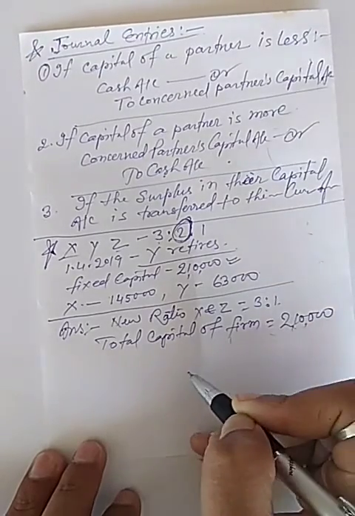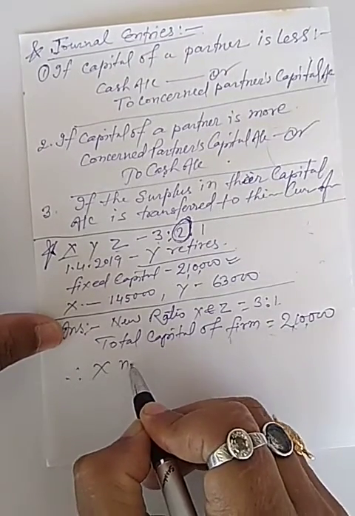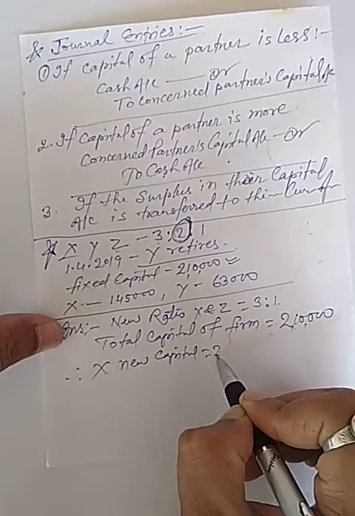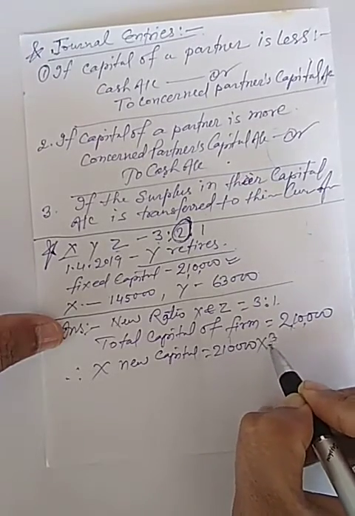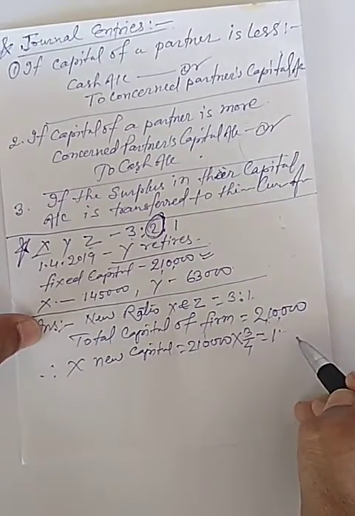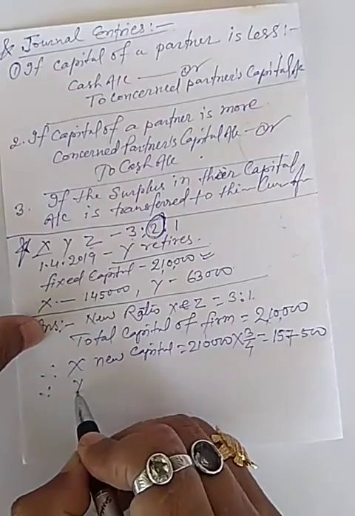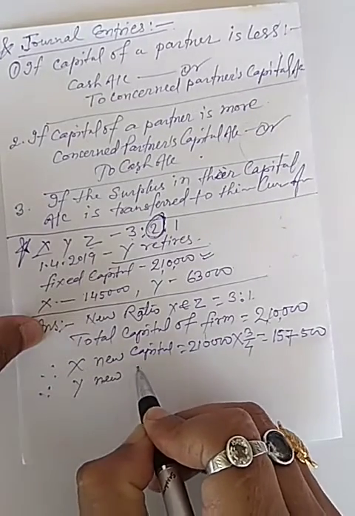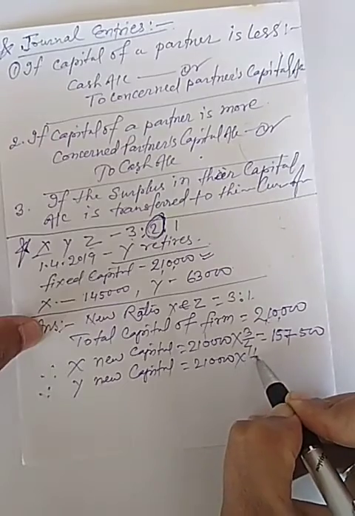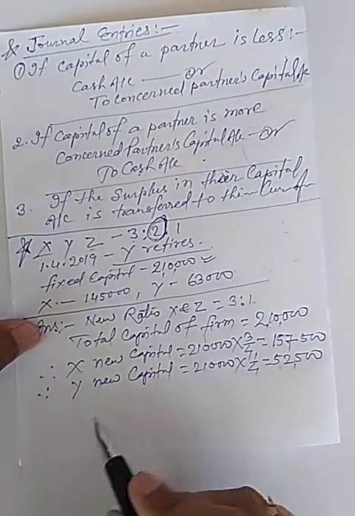It is given in the question. Therefore X's new capital will be 2,10,000 into 3/4, which is 1,57,500, and Z's new capital will be 2,10,000 into 1/4, which is 52,500.